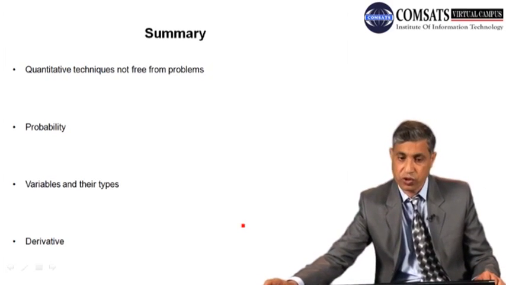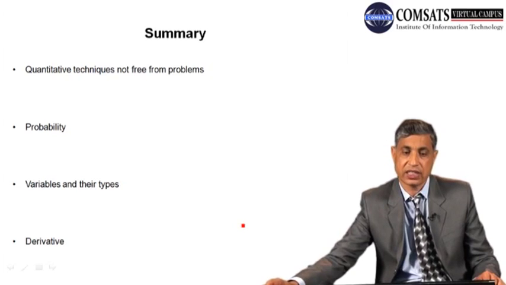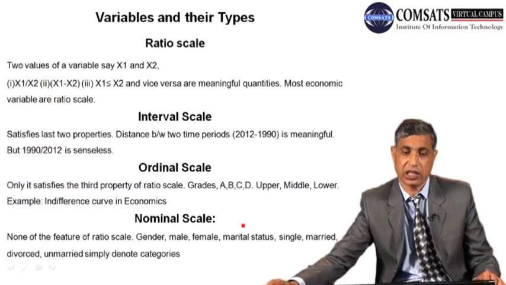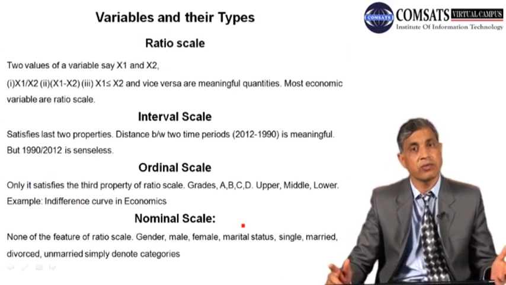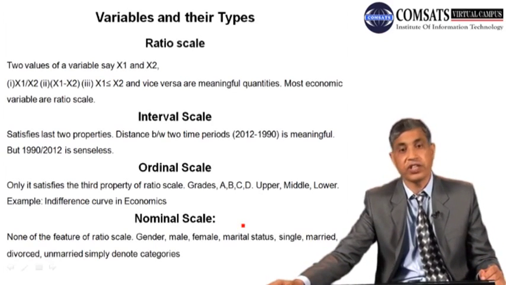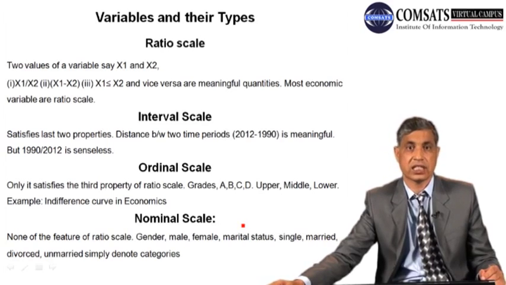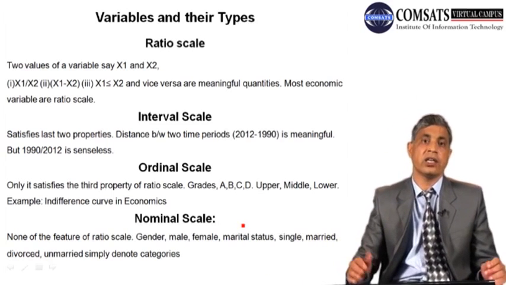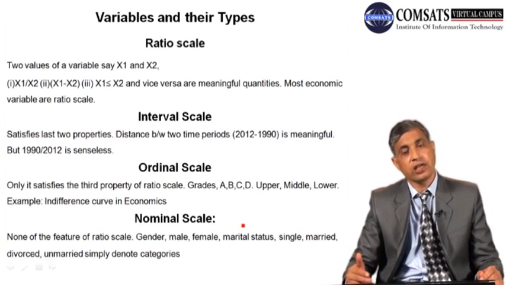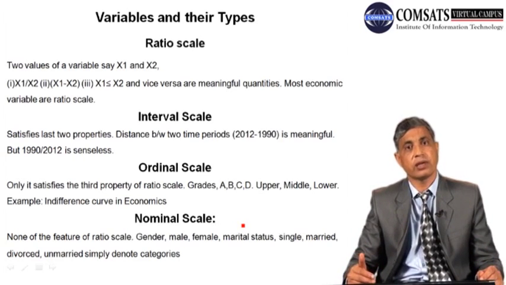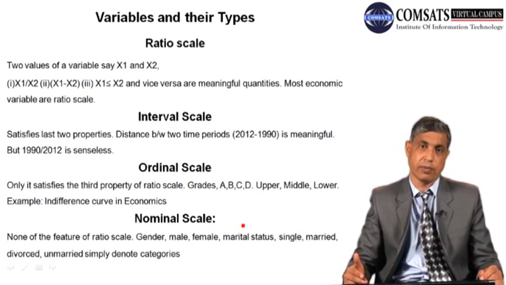Then after this, if you remember, on the first slide related to this, there was the interval scale. Interval scale means that it doesn't fulfill the first characteristic, but it fulfills the other two. After the ratio scale variable, there was the ordinal scale variable.